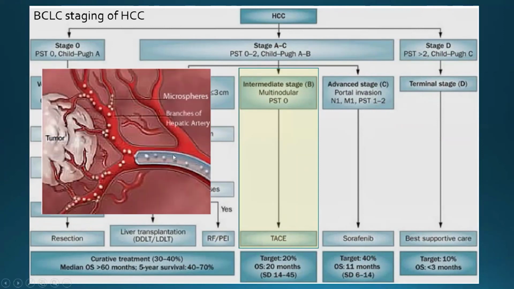And so this is how we do TACE or radioembolization. We put the catheter in the hepatic artery, branch to the tumor, and inject either chemotherapeutic agents or microspheres containing radiation for radiation therapy, and then we block this artery.